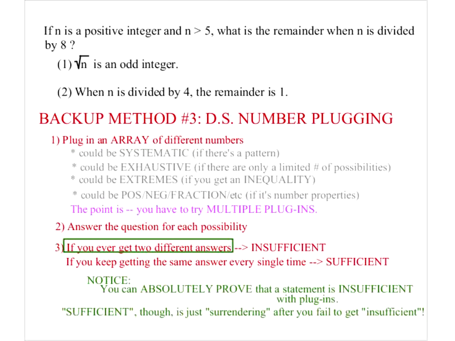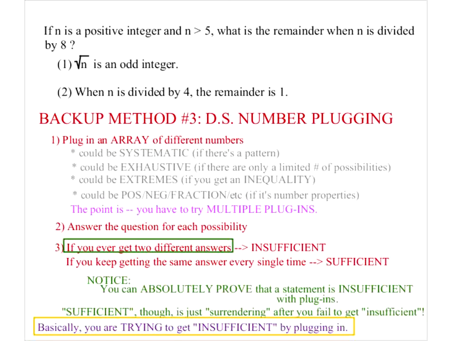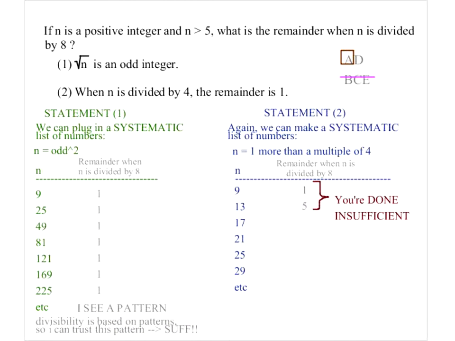So therefore, what you are trying to get is insufficient by plugging in. In other words, your efforts are directed towards trying to find two different values. Because if you do, then you are done. If you fail to get insufficient, then you just capitulate.